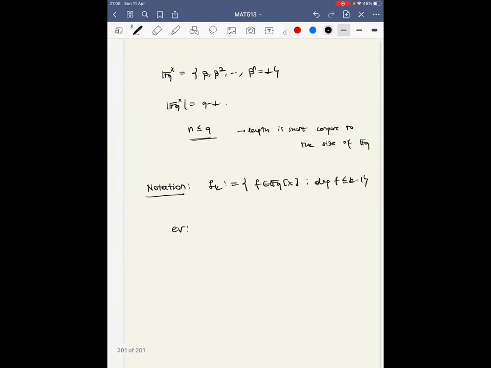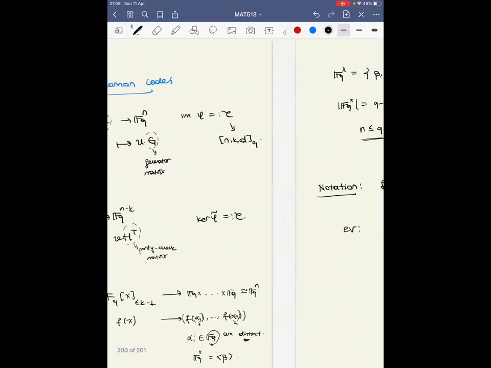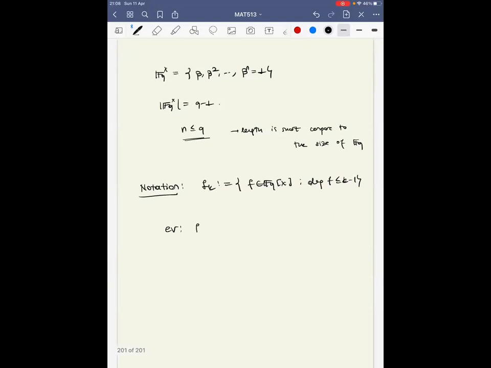And let me denote this FQ linear map by the evaluation map from Lk to FQ to the n, by evaluating the polynomials at the powers of the primitive element of FQ.